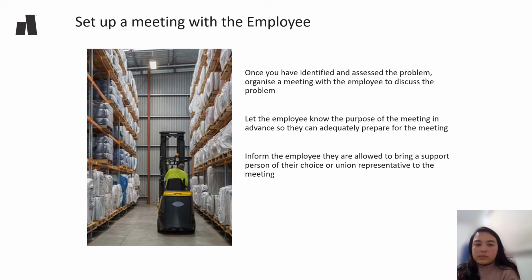Once you have all this evidence, set up a meeting with your employee to address and identify all these problems with him or her. The purpose of this meeting is to have an open mind and a two-way chat, basically, to ask him why he or she is doing so poorly. Is there something that the manager can do to help him or her to improve?